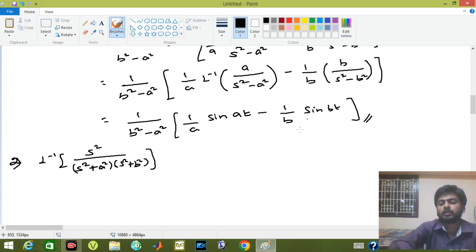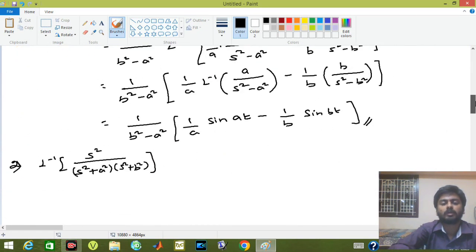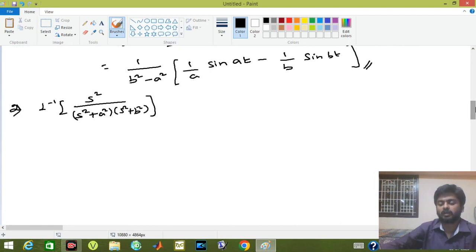So here you are having the solution of the first problem. Now see, in the numerator we are having the function of s, in the denominator also we are having function of s, but in the denominator we are having multiple factors, that is the product of factors.